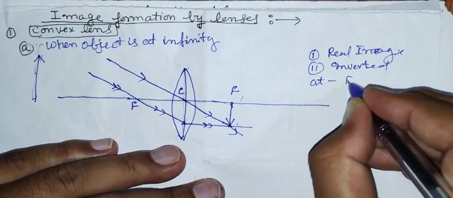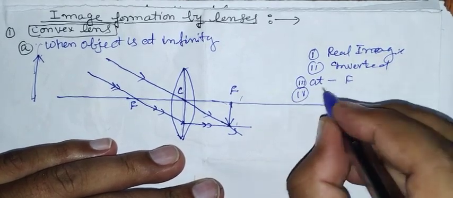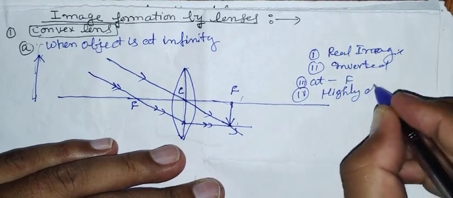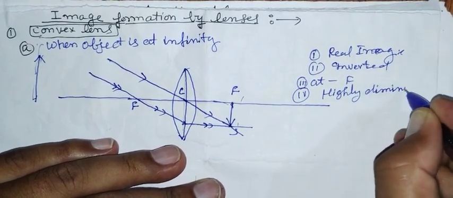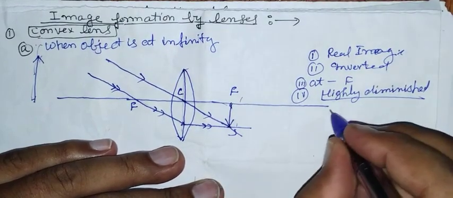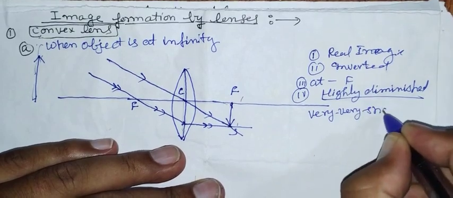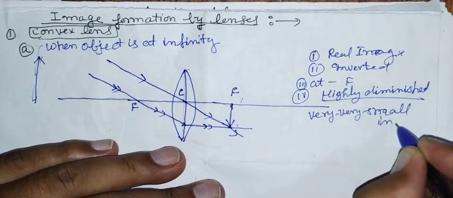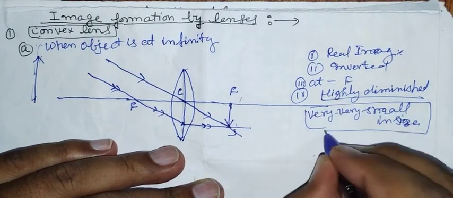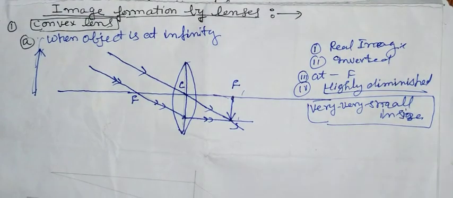The third point, position at F. And fourth, highly diminished. Highly diminished means very small in size as compared to the size of the object. This is the first case.